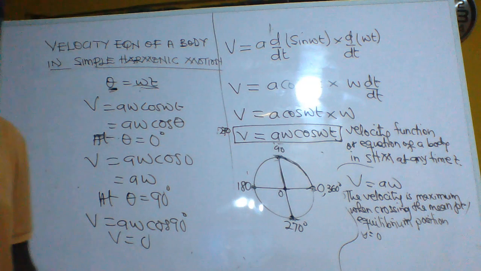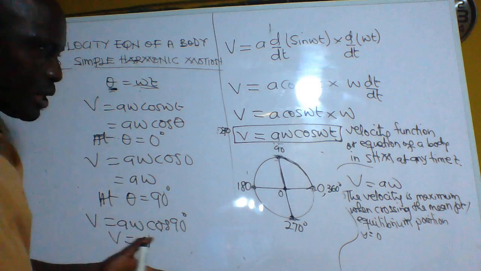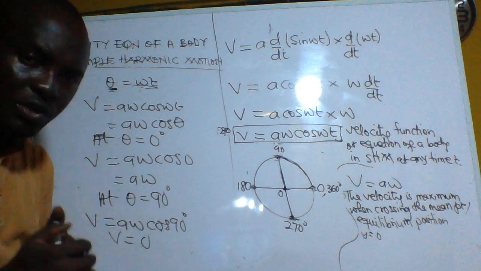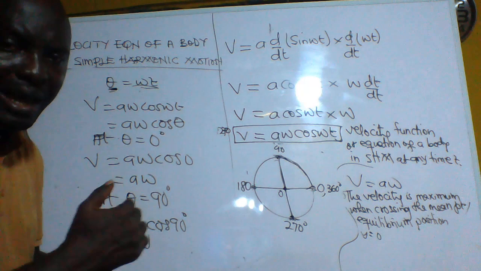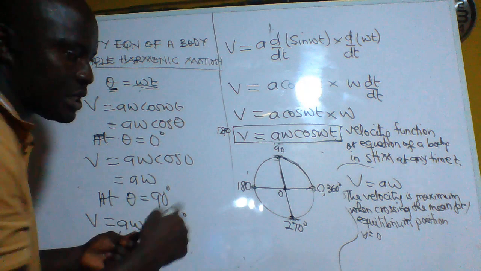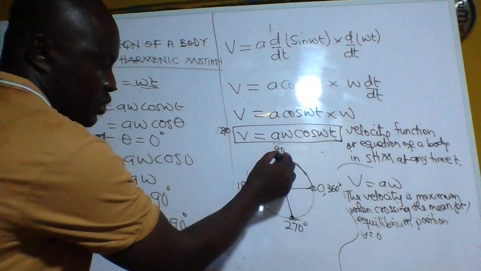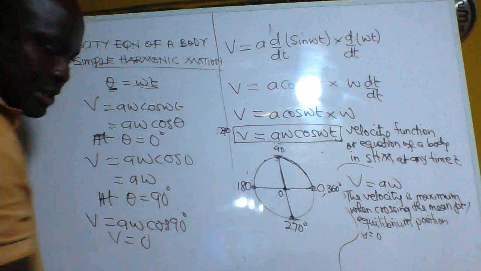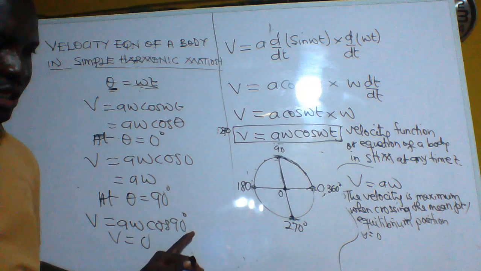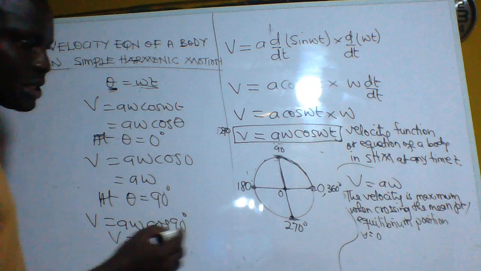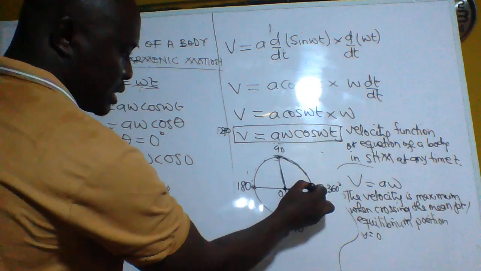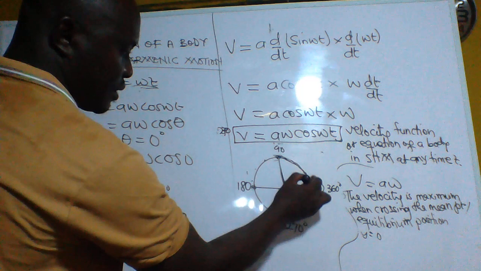Alright, so here what are we doing? We are looking at the velocity of the oscillating body at different times as the object moves from one point to another point. So we are calculating velocity using time. Now the other point is that this is a particle moving from this point to this point.